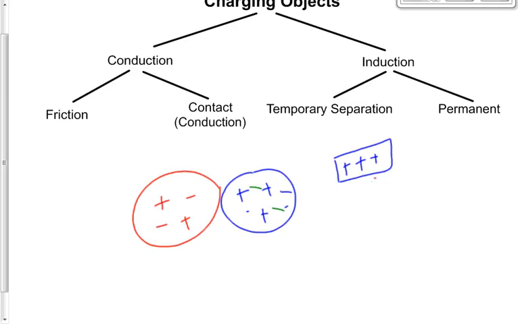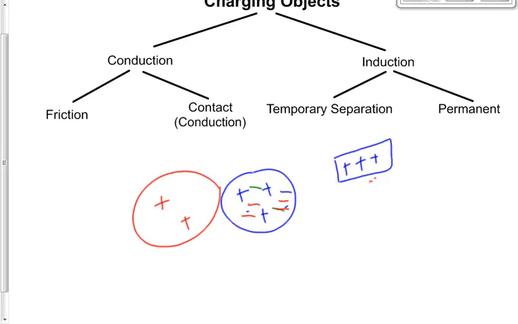This positively charged object is going to suck the electrons from the blue object to the right-hand side. It's also going to suck electrons from the red object as far over as it can. So now you've got a red object that is positively charged and a blue object that is negatively charged, right? It's kind of like just a separation of charge here still, though, right?